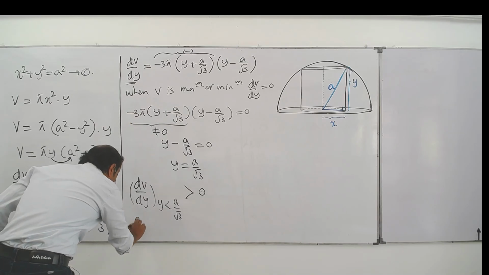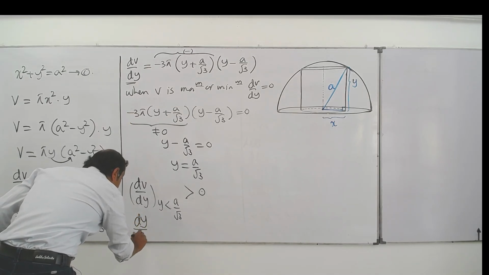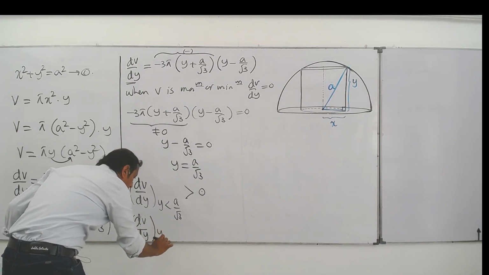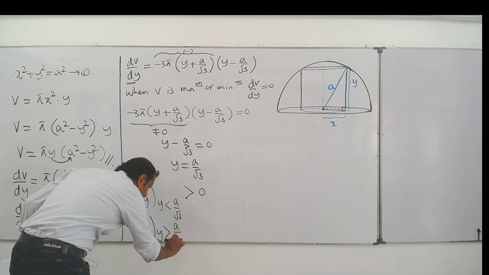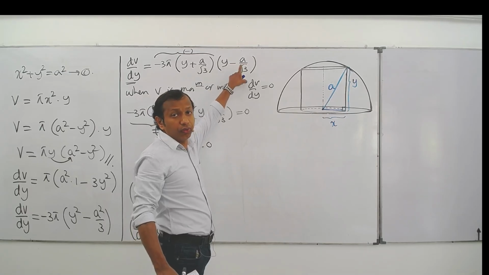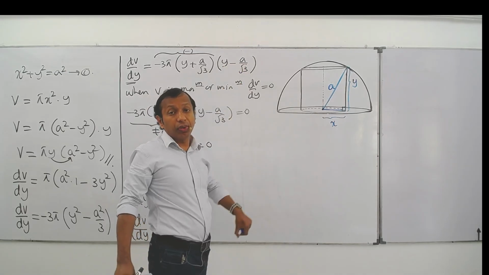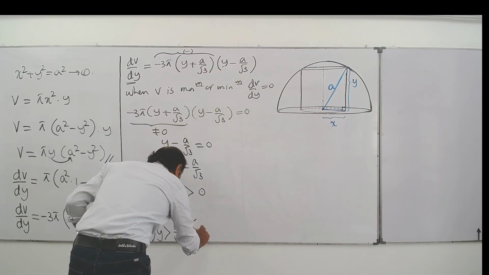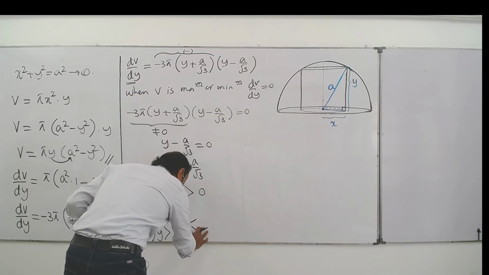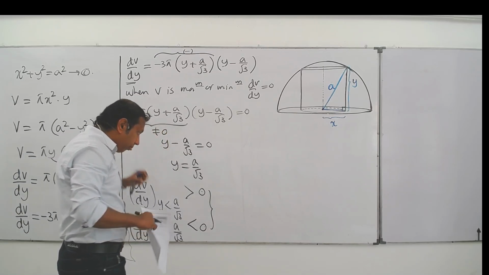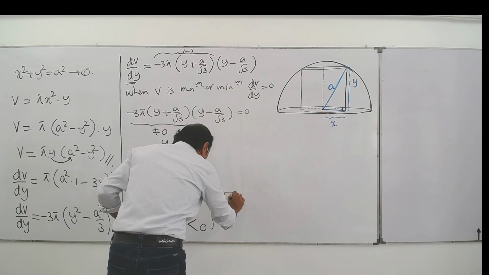So, now secondly, I am going to find the sign of dV over dy for y greater than a over root 3. Here when you put for y a value which is greater than this, the difference is positive. That positive and this negative make negative, no? Therefore, these two together tell us before it is positive and after that negative.